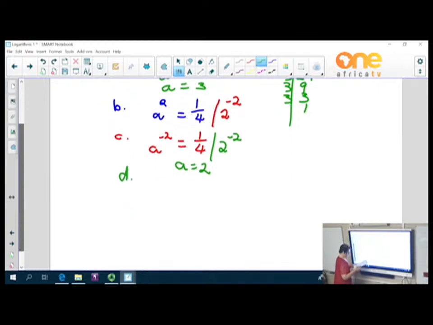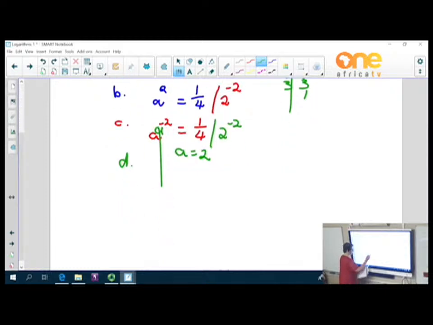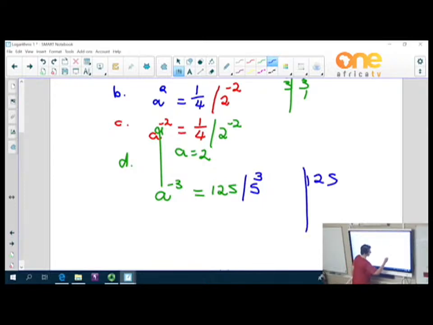Number D, A to the power of negative 3 is equal to 125. So I can change 125 to 5 to the power of 3. Again, you'll go through this method if you don't know what it is. But now this one is negative and that one is positive, so I can still compare them.